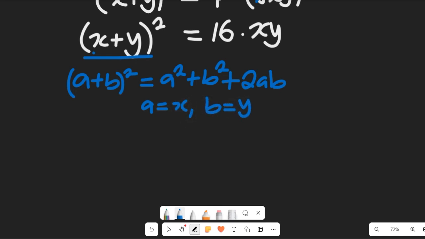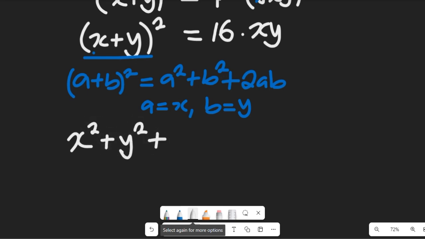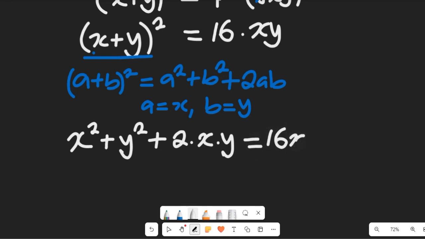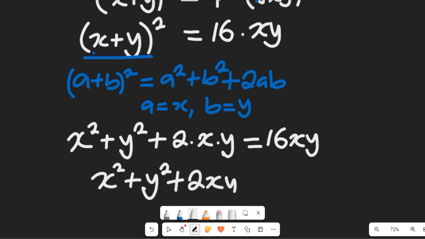If we have that, we're going to have x squared plus y squared plus 2 multiplied by x multiplied by y, and this will be equal to 16xy. So we have x squared plus y squared plus 2xy.